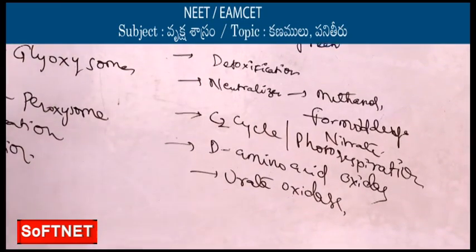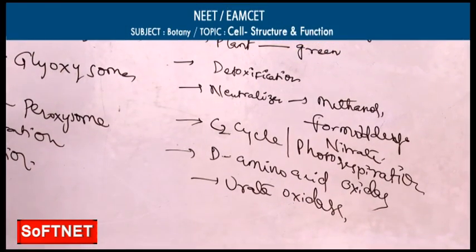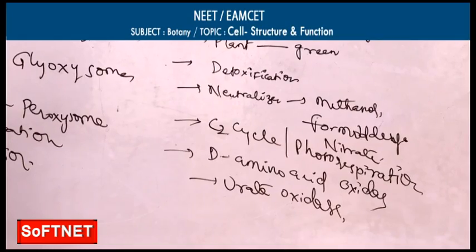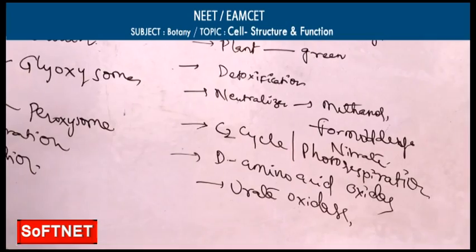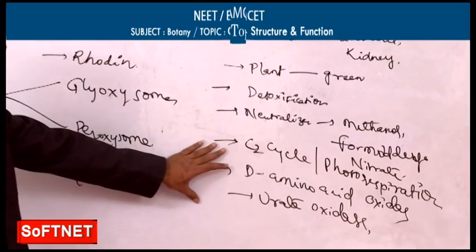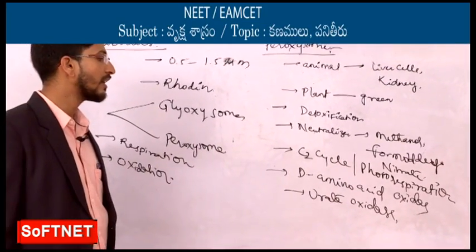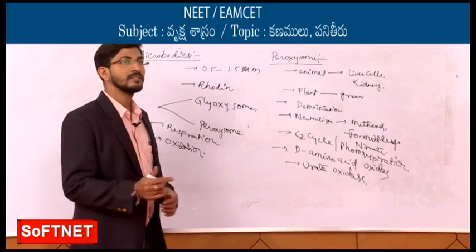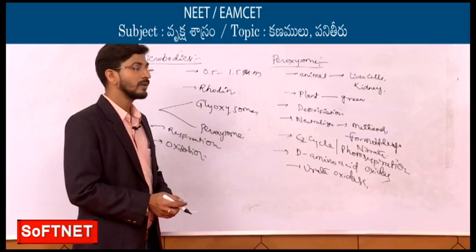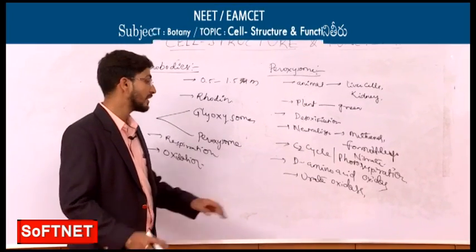Okay, this is about the peroxisomes. Peroxisomes are generally involved in the detoxification or neutralization process. In this, methanol, formaldehyde, and nitrate are degraded, and in plant cells they are involved in the C2 cycle or photorespiration, where catalase is produced and neutralizes the H2O2 produced during photorespiration.